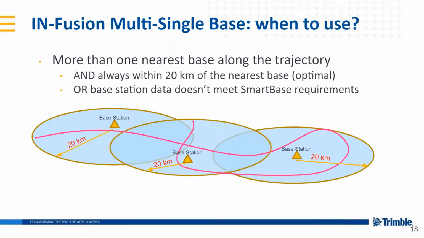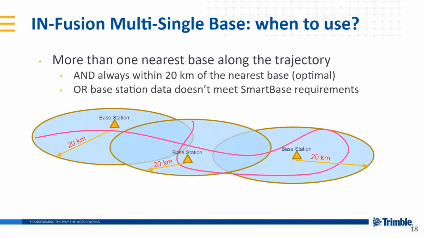When should we use the multi-single base? In case there are more than one nearest base along the trajectory, and your mission is always within 20 kilometers of the nearest base, this is optimal for our mission. Or in other cases, the base data doesn't meet SmartBase requirements.